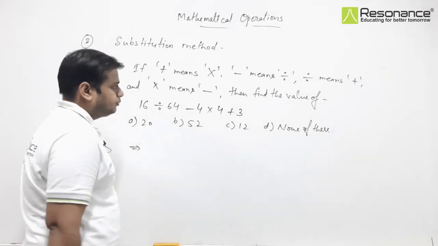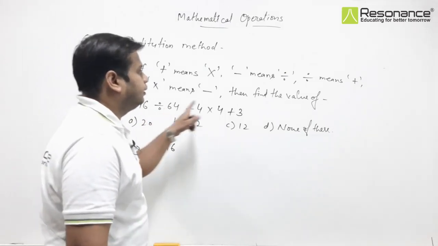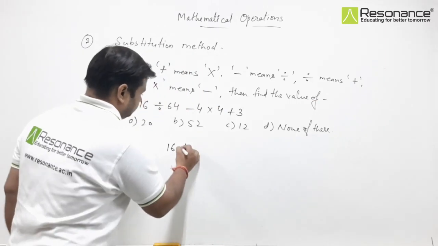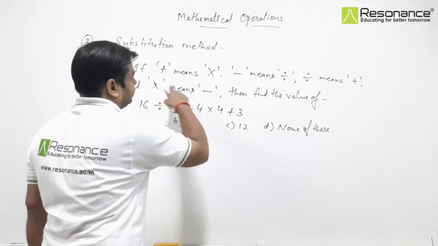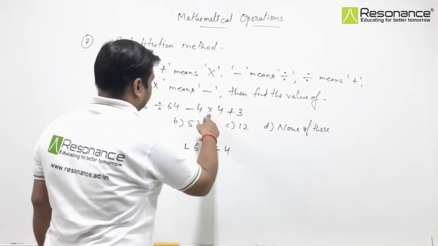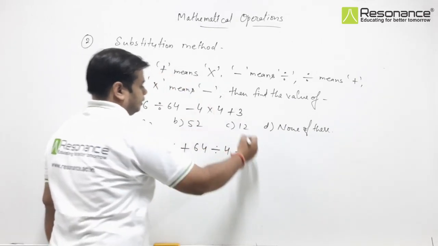So let's substitute the correct signs. 16 divide. Divide is known as plus. 64 minus. Minus means divide. Multiply means minus, and plus means multiply.